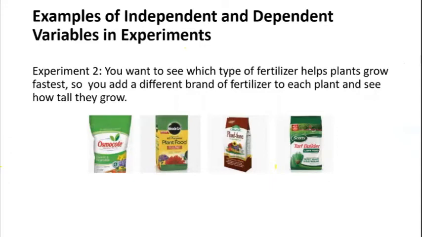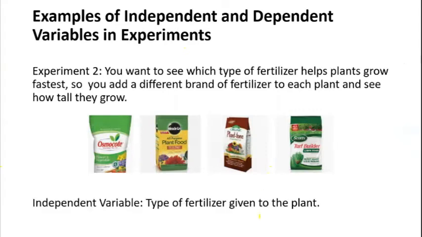in this experiment, you would like to know which brand of fertilizer helps plants grow fastest. So you add a different brand of fertilizer to each plant and see how tall they grow. So again, we choose the brand of fertilizer to use. So that is our independent variable.